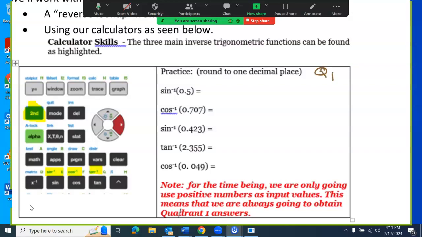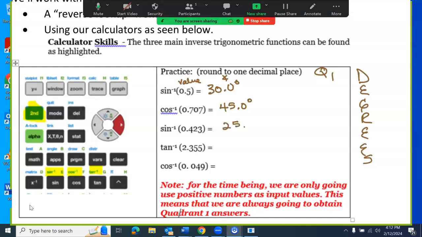So if I put in sine to the -1 of 0.5, and my mode is degrees, so I want to be in degrees, then that means I'm going to get back an angle of 30 degrees. Cosine -1 of this value, because remember these are values, and these are the angles, I'm going to get back an angle of 45.0 degrees.